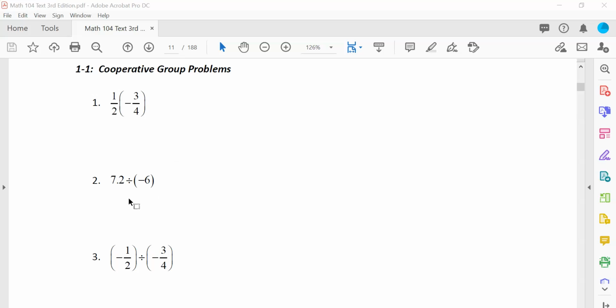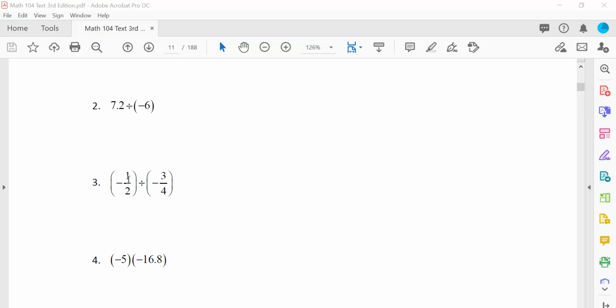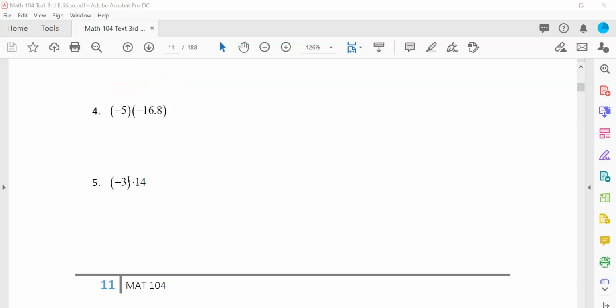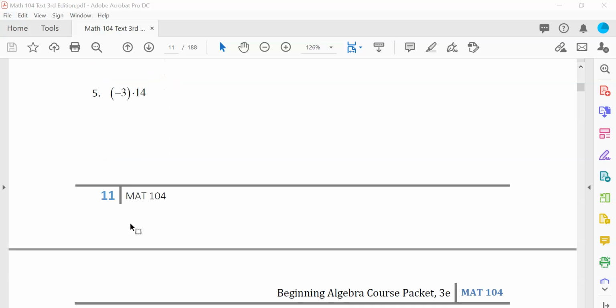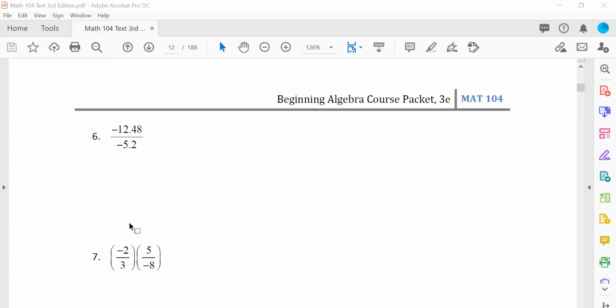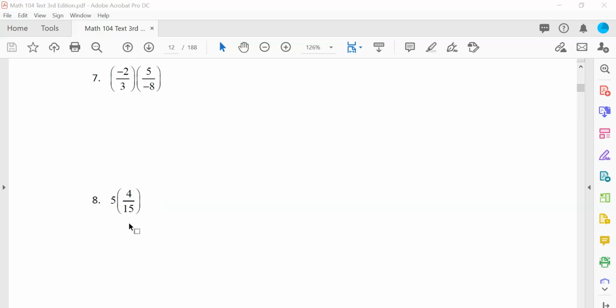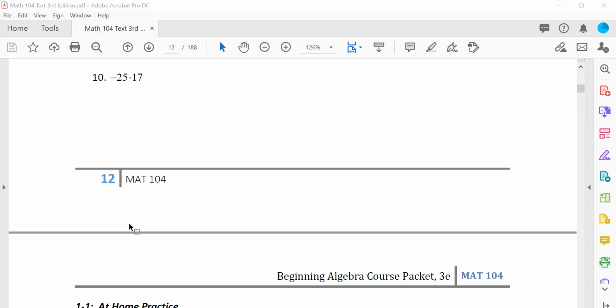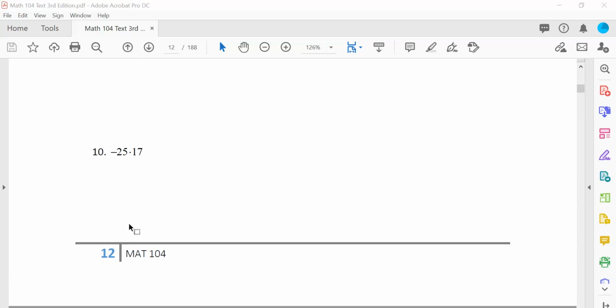If the problem starts out using decimals, give your answer as a decimal. So go ahead and try those cooperative group problems, numbers 1 through 5 on page 11, and then numbers 6 through, I think 10, yep, 10 on page 12. So go ahead and push pause on the video and do those.